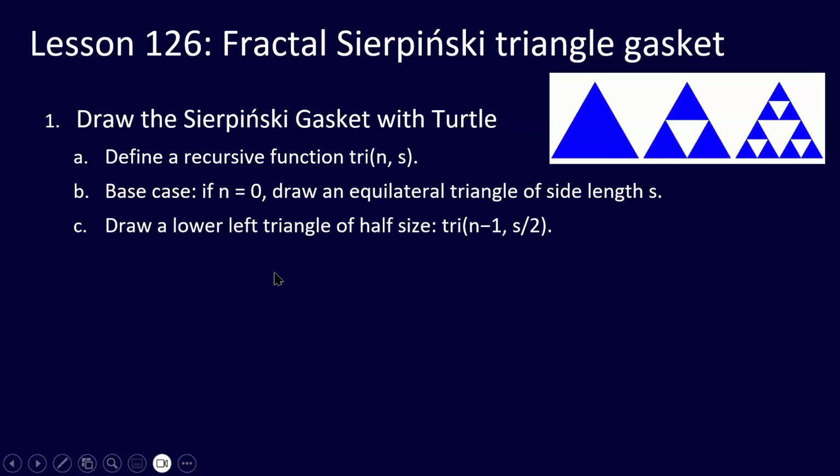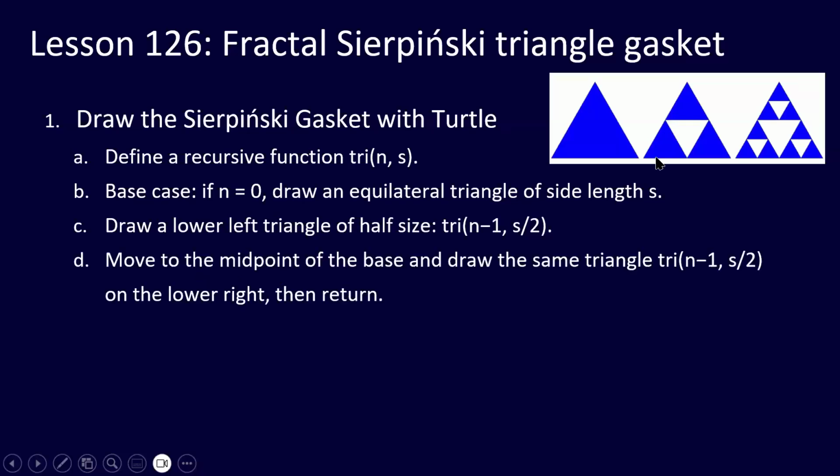Move to the midpoint of the base here and draw the same triangle, try. So here we go s over 2 toward the position and then draw the same thing.